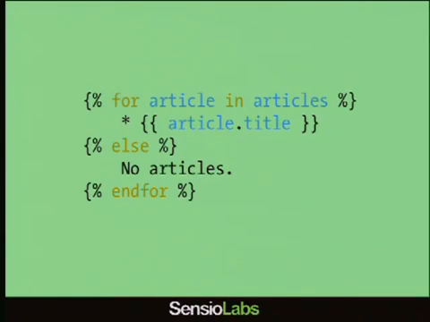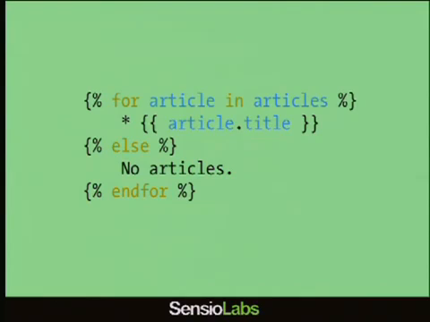So I'm going to talk about two main tags that we have. The first one is for, and it allows you to iterate over things. So you say for article in articles, so this should be iterable actually, so it can be an object or an array, whatever. And then you do stuff, and then you have endfor. So when you have things inside the tag, you always have the same convention, the tag name, and you end with an end tag name, right?